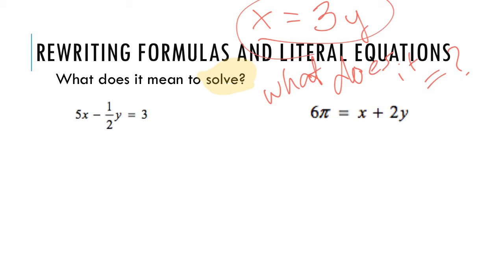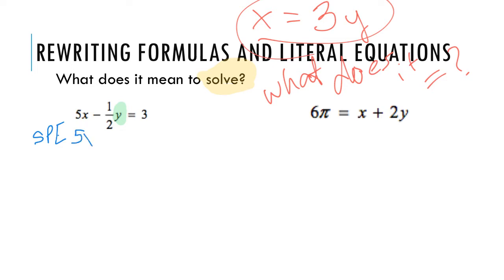So first, we're going to solve this one for y. Okay? So we're solving for y. The first thing I'm going to do, I know I need to get y by itself. And we're using the exact same properties as before. I'm going to subtract 5x.